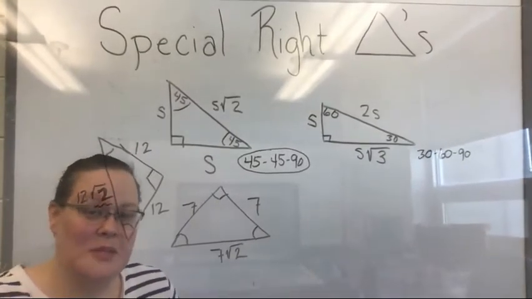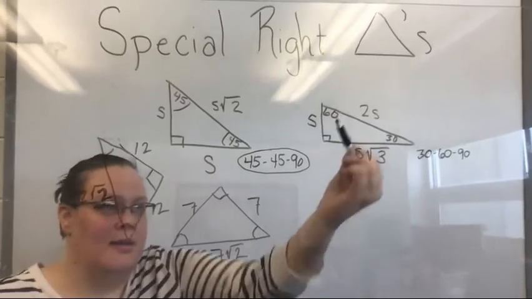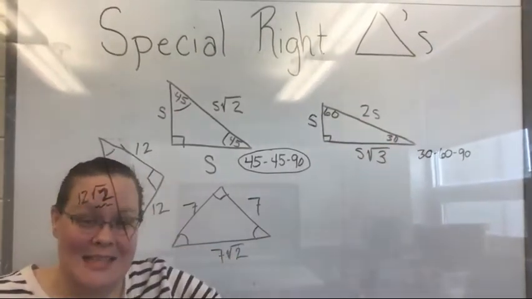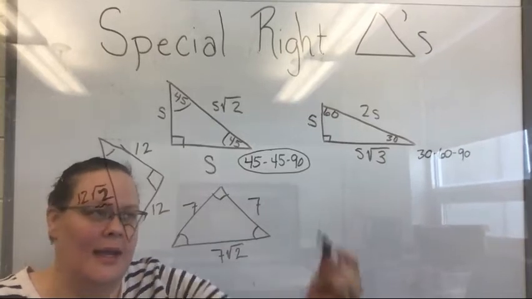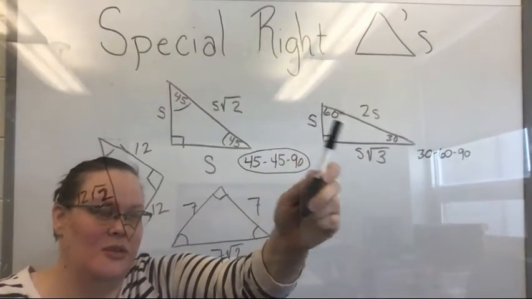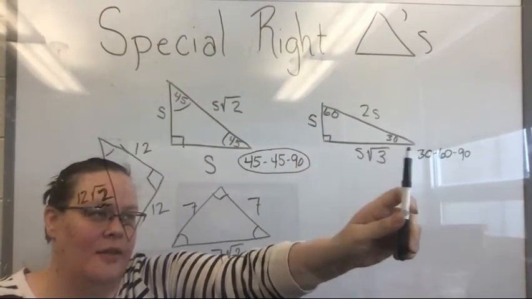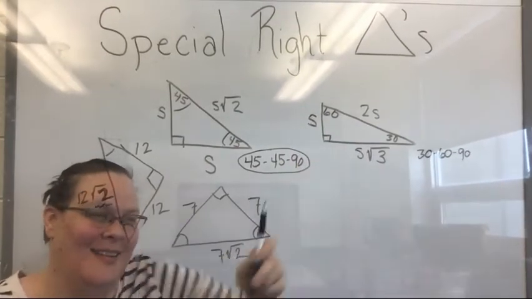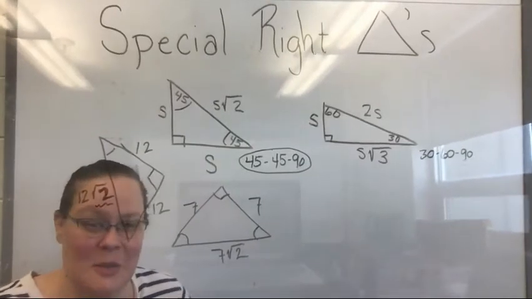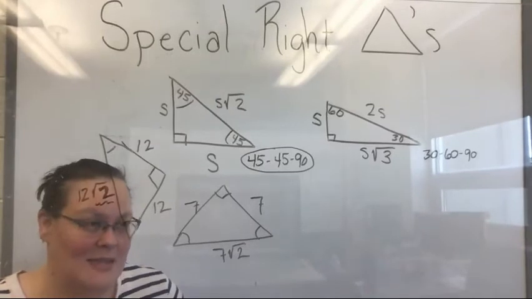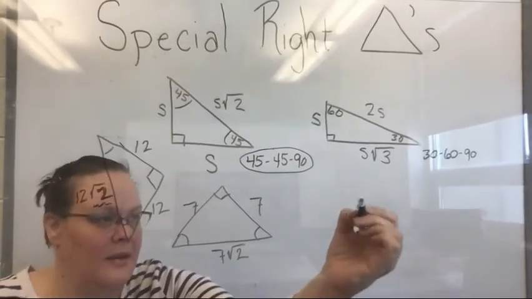And so again, we have some special properties in here that say our shortest leg is going to be the length of S. Okay, and then the hypotenuse is going to be 2 times as long as that. And finally, our second leg, right, our third side will be S times the square root of 3. Again, if we're given a triangle that has some sides, we can fill in those other ones.